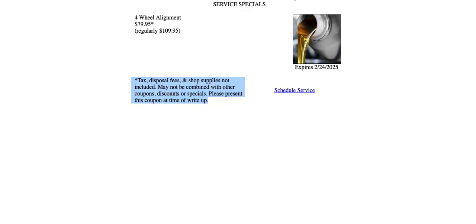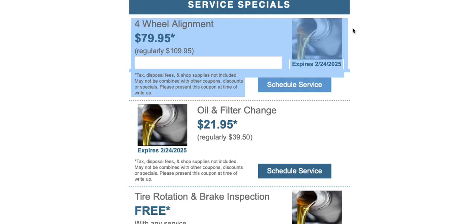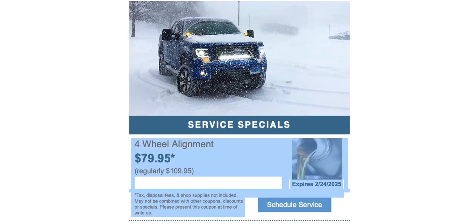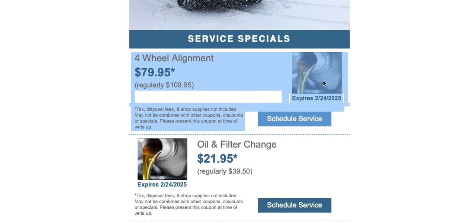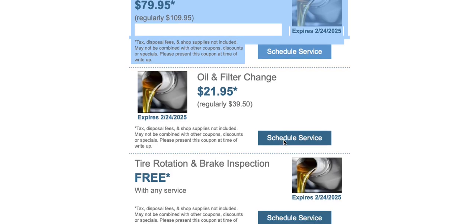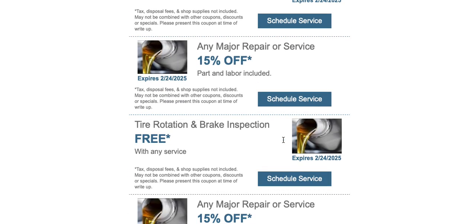For those of you who would like to jump ahead and start trying to format this so that you get multiple coupons divided by a single horizontal line with this banner, this image, the same image we used before, and these sort of things, I'm going to give you this file so you can try to build this.